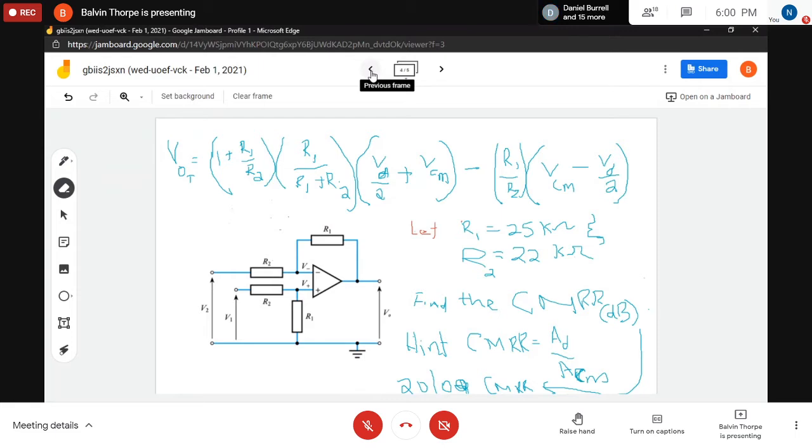So now it's very clear that this difference amplifier can actually be written in the general form of the output voltage for operational amplifiers.